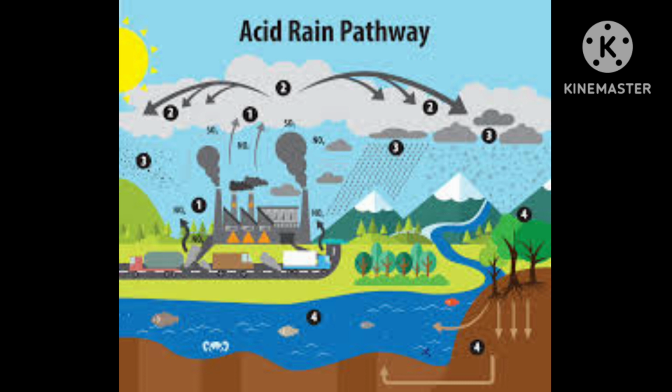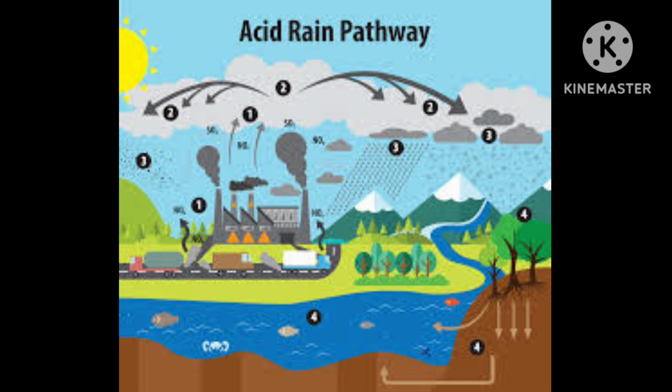It is called acid rain. Acid rains refer to the ways in which acid from the atmosphere is deposited on the Earth's surface. Actually, there are 3 regions of acid rain. First, I told you, carbon dioxide.